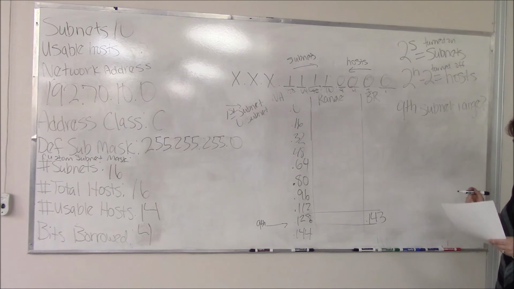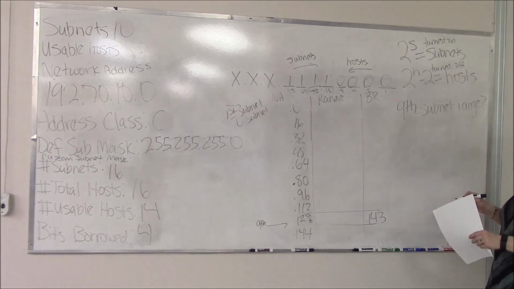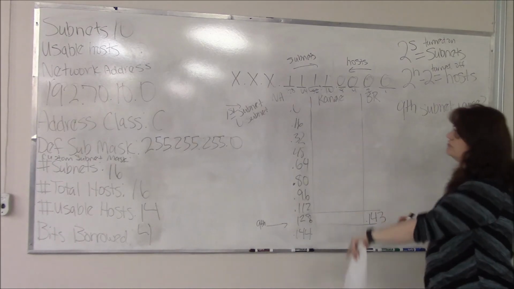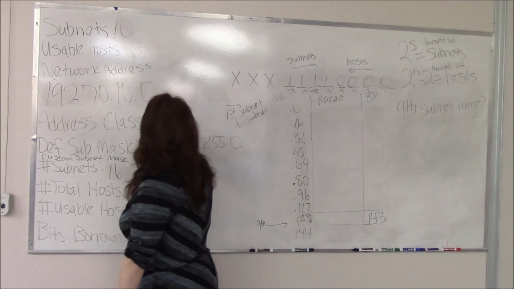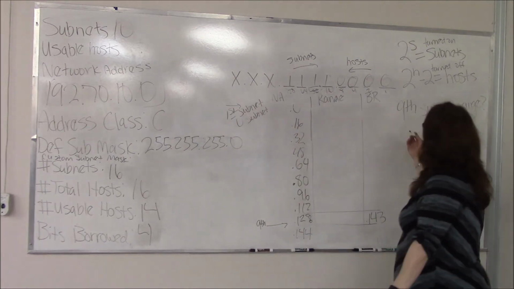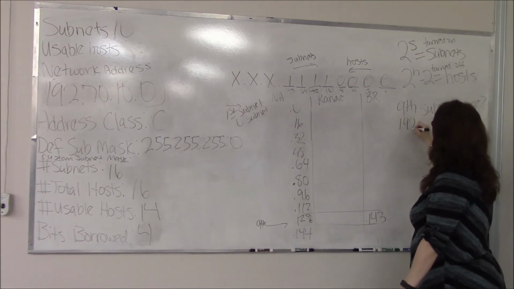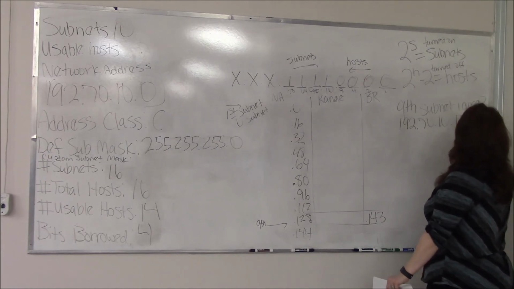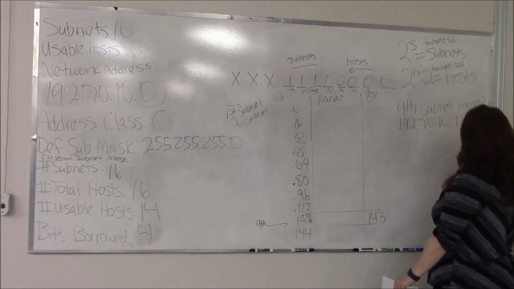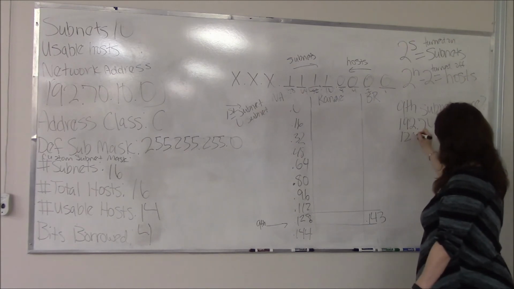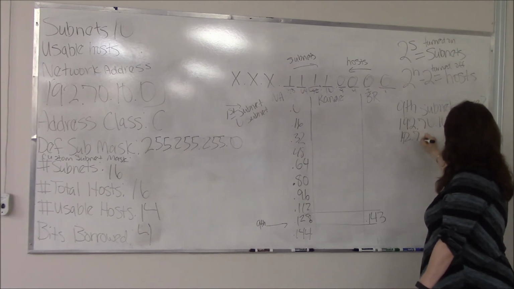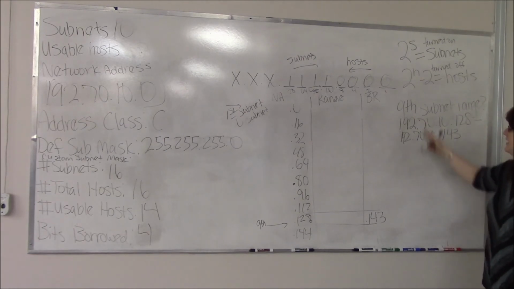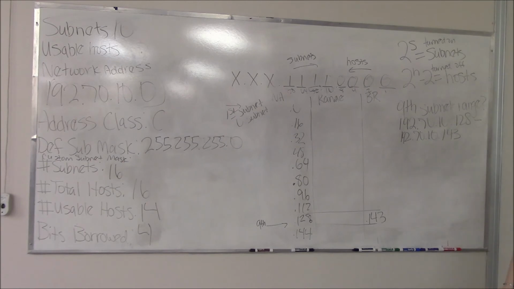So, my range for the entire subnet, I got to go back to this address right here because it's asking for the whole address. The 9th subnet range is 192.70.10.128 to 192.70.10.143. So that's the answer to that first question.